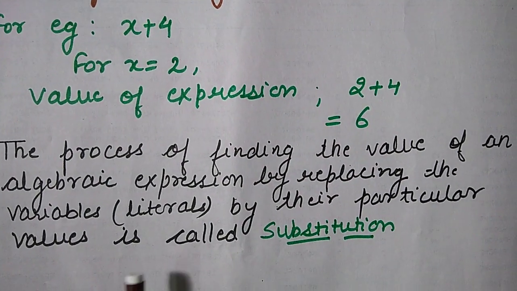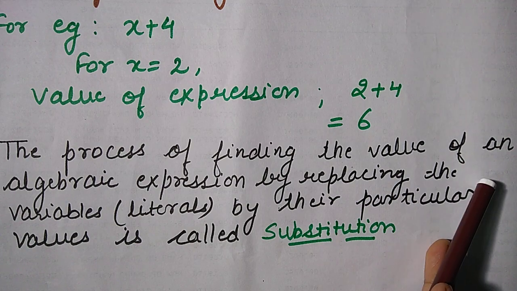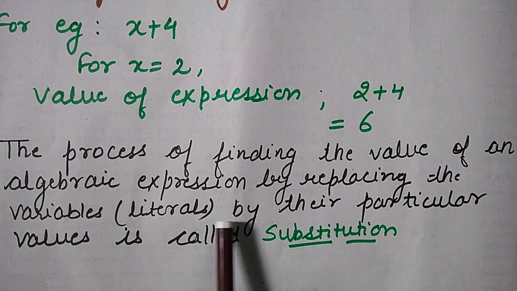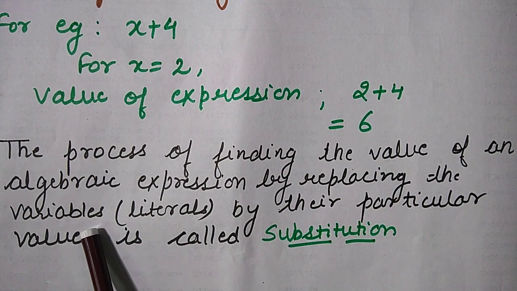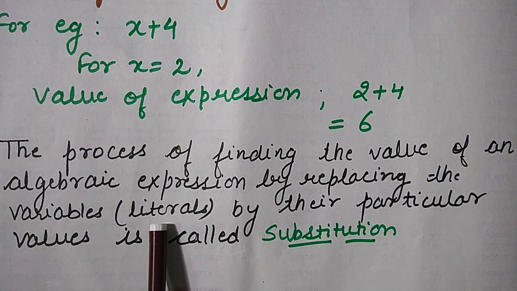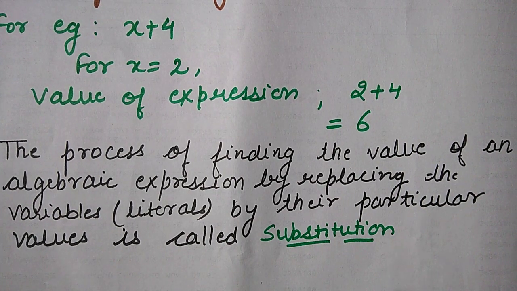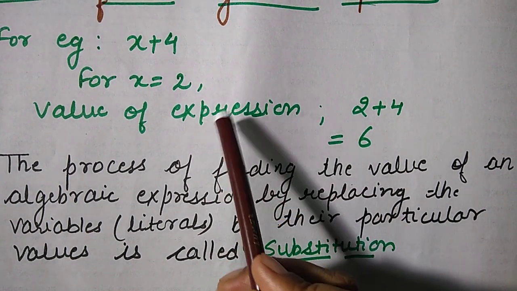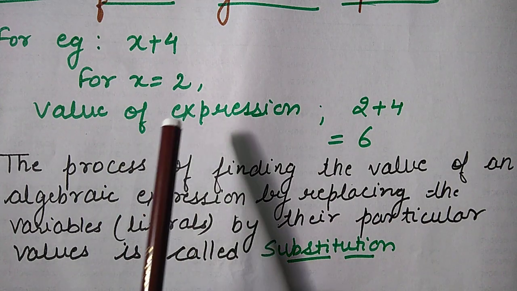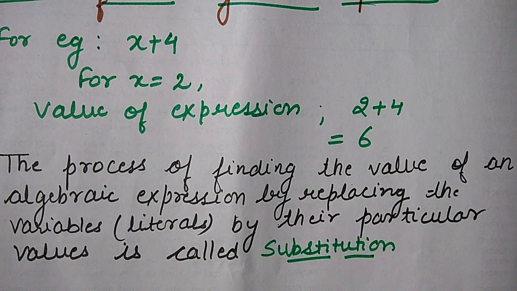So the process of finding the value of an algebraic expression by replacing the variables, or you can say literals, by their particular values, that is known as substitution. Okay, because we are substituting a value, so that's why this is known as substitution.